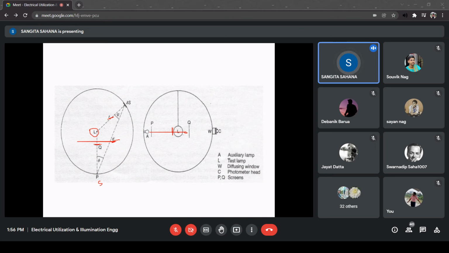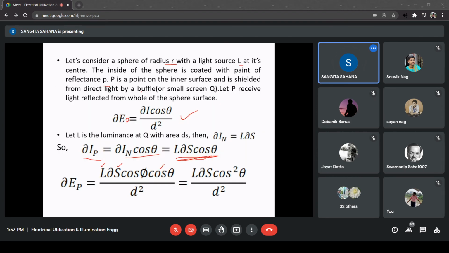That the dimension of the test and the standard lamp must be the same, just to avoid the error from the absorption and the reflection by the lamp surface itself. So if we want to compensate that error, then we have to consider the auxiliary lamp.